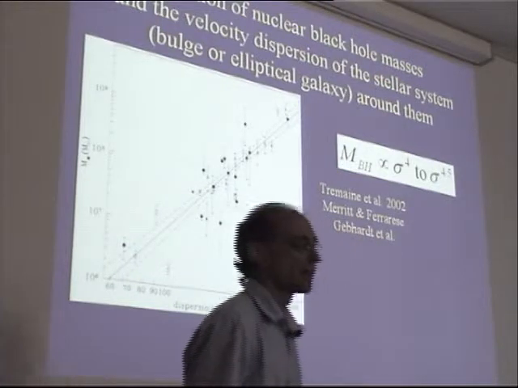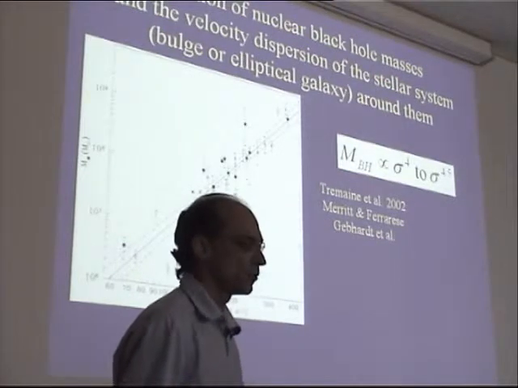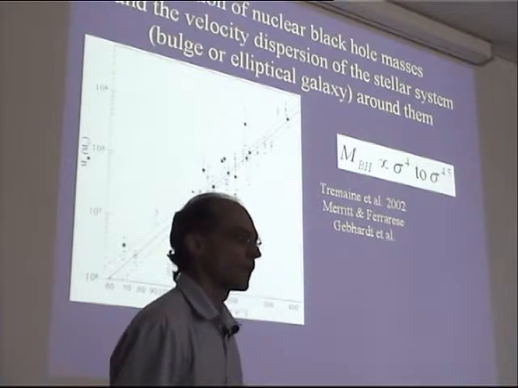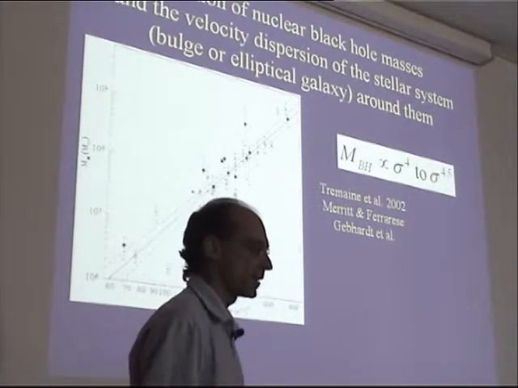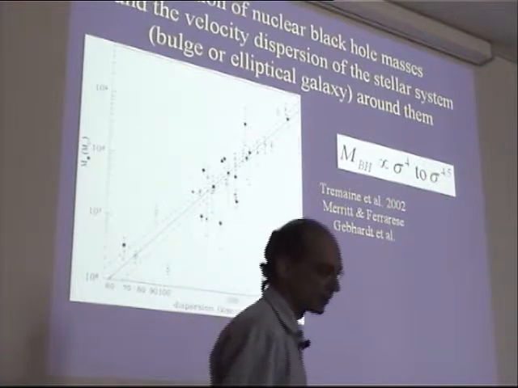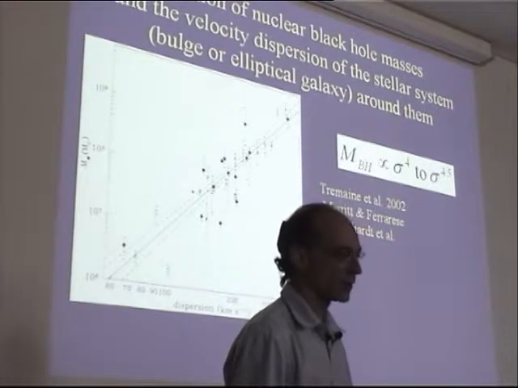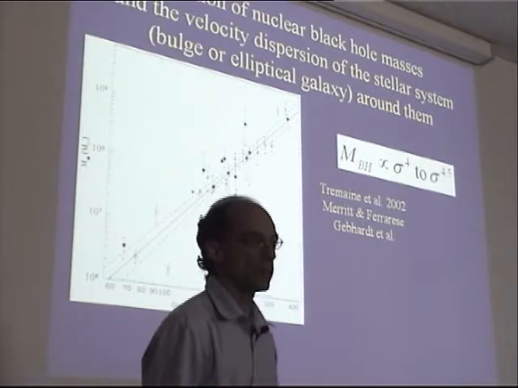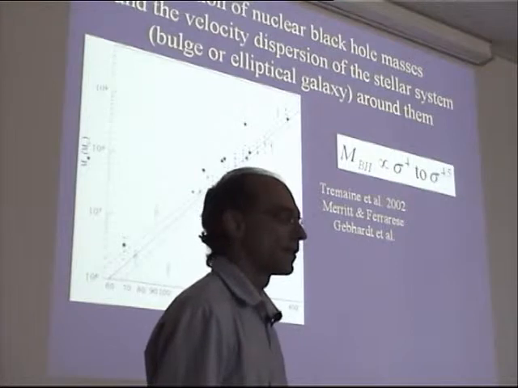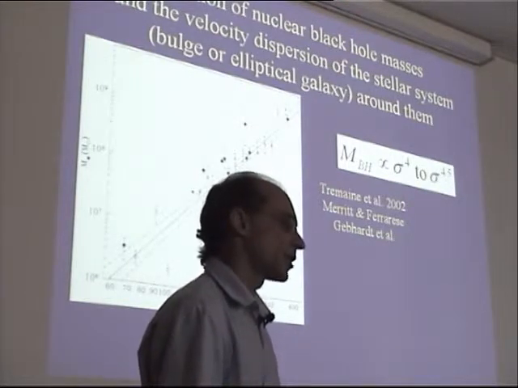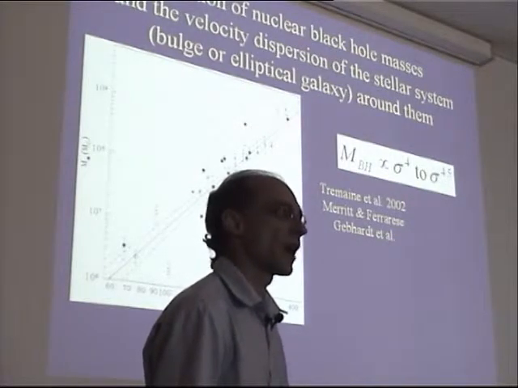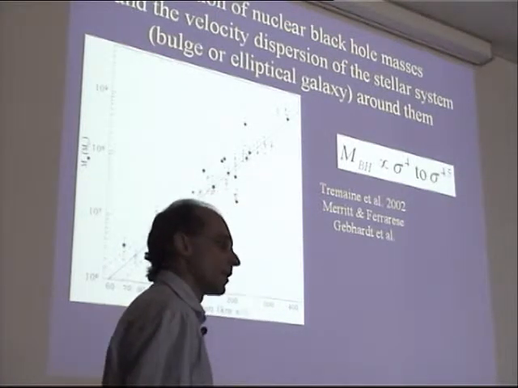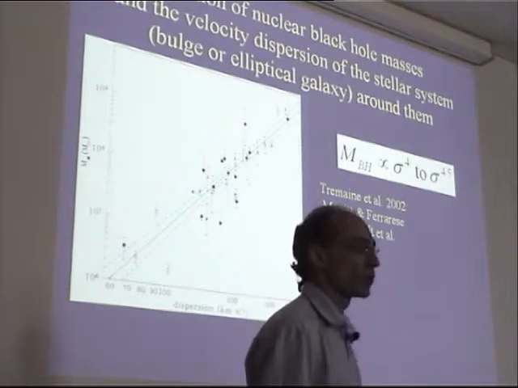A lot of the models that you hear about to explain these relationships basically involve feedback, as Cole mentioned, but there is an alternative to that, and this alternative is what I'm going to talk about. The alternative is that it is not the activity of the AGN that shuts down star formation or determines how many stars are going to be formed around the black hole, but rather it is the number of stars that are forming very close to the black hole.